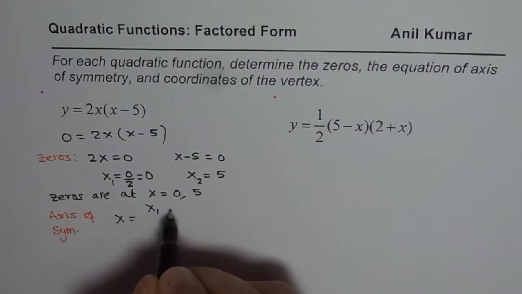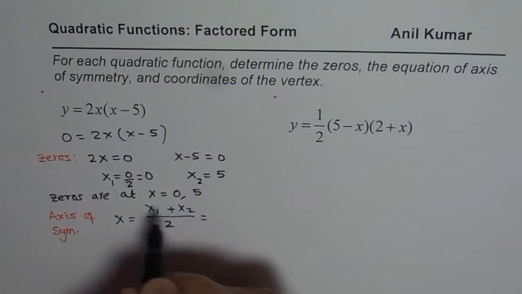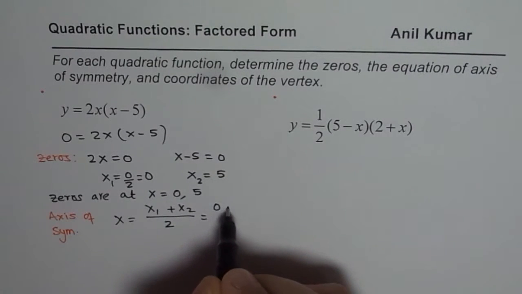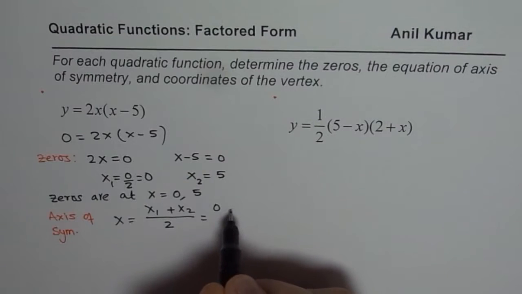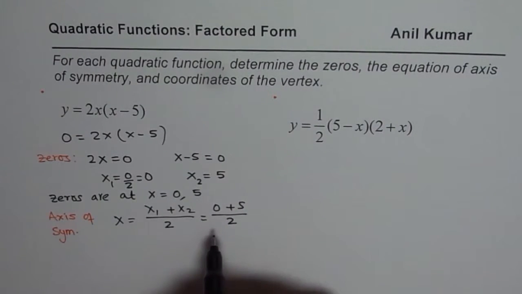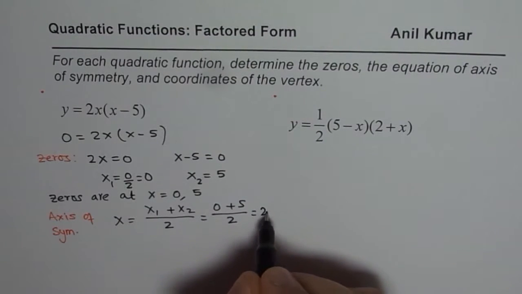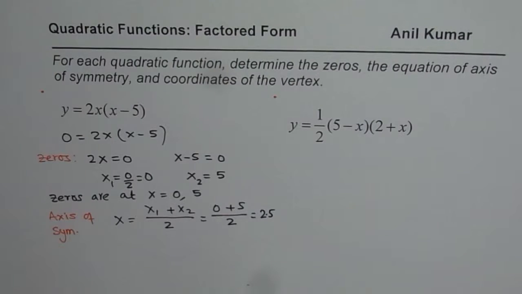So basically you add both values which you got and divide by 2. In our case, the values are 0 and 5, so we add 0 and 5 and divide by 2. The axis of symmetry for us is 2.5. So x equals 2.5 is the axis of symmetry.